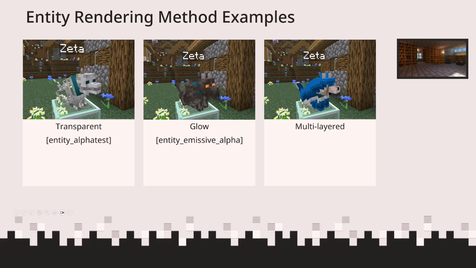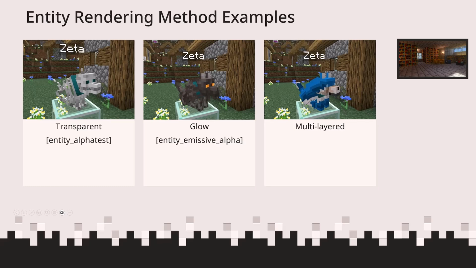You can see through the blocks that make up the structure. Over here with the creaking wolf, we have the entity emissive alpha material at play that allows the eyes to have this glowing effect. Both of these wolves have the exact same base geometry, but depending on the material that's used, when you combine that with the texture, you get very different results.